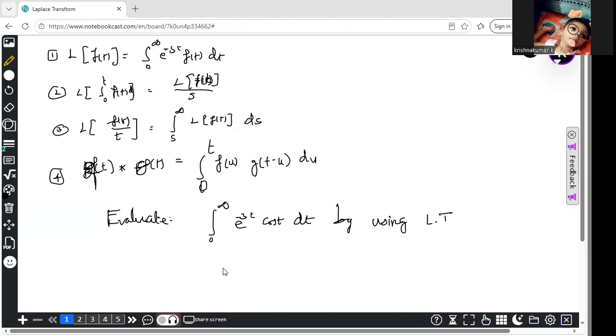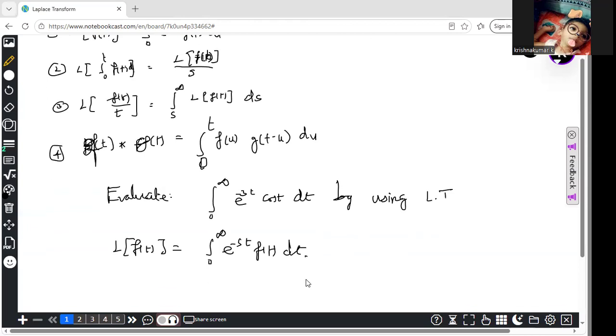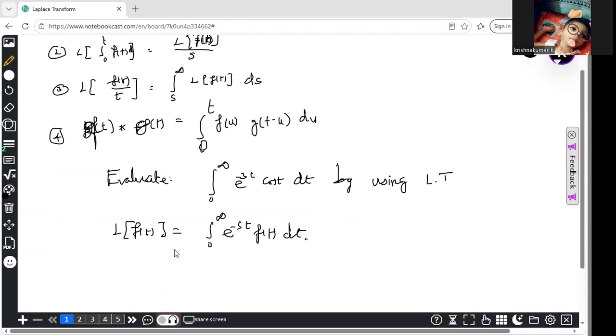If you have this type of problem, immediately try to use the Laplace transform to find the integration, because you already know the basic definition of the Laplace transform of f of t. What is the basic definition? It is the integral from 0 to infinity of e power minus st into f of t dt. Now compare this basic definition with this problem.